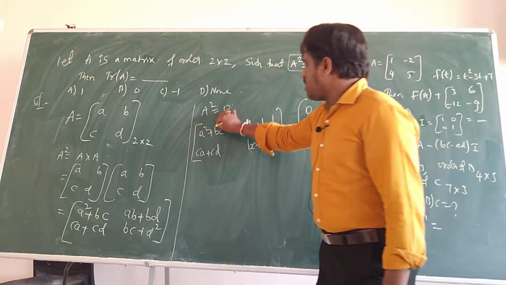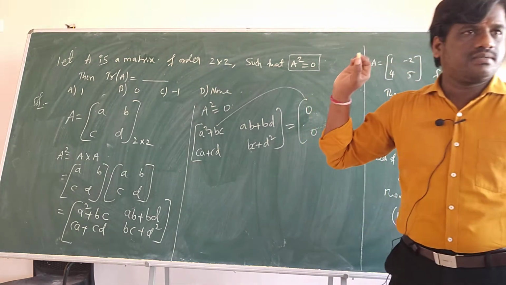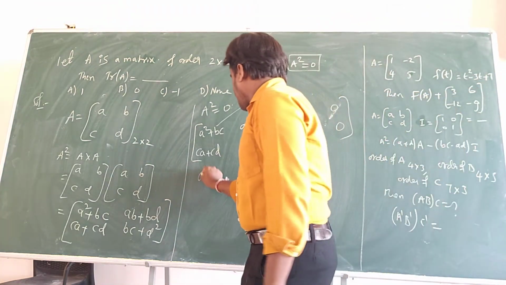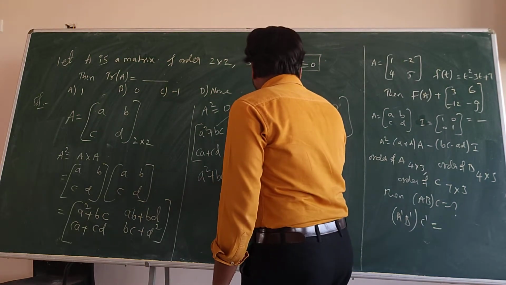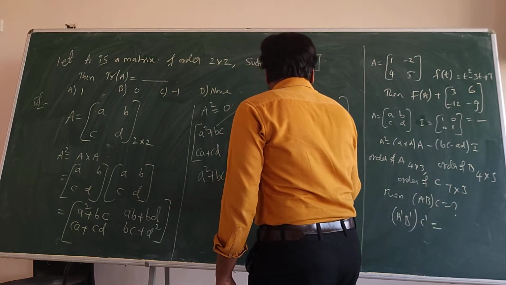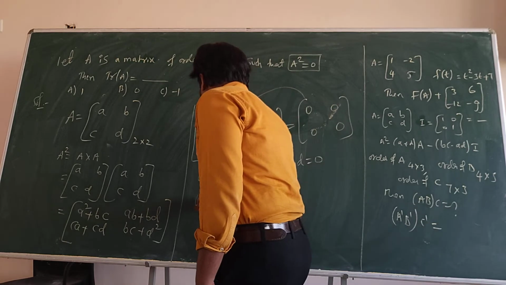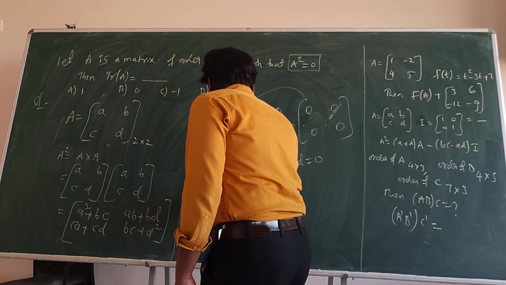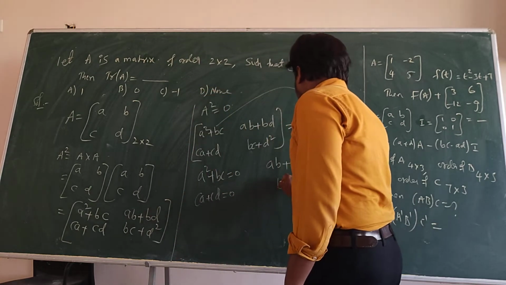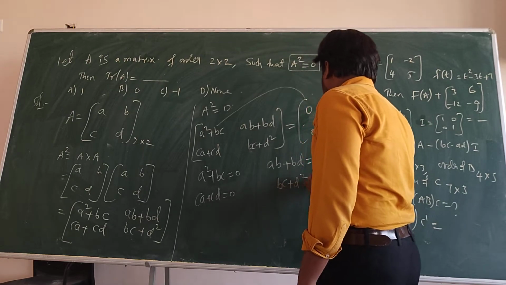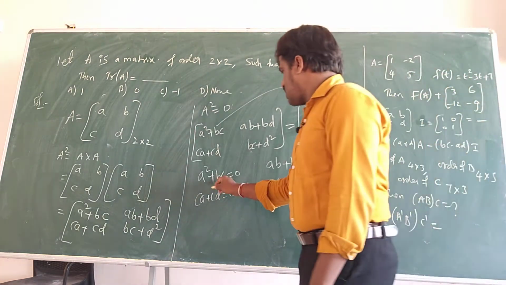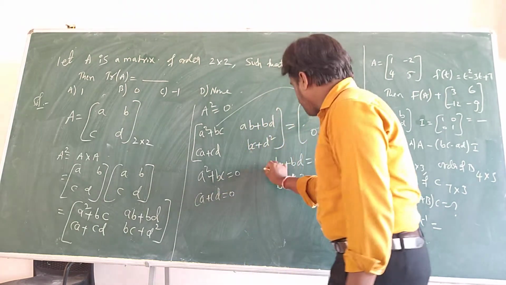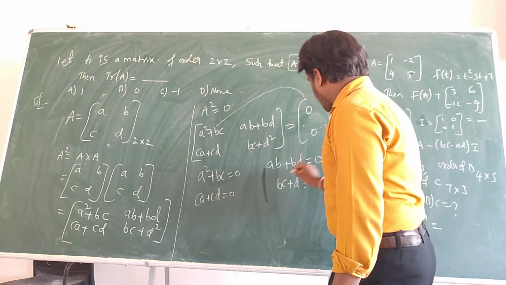So the corresponding elements will be equated. What do I get here? A square plus bc is equal to 0. AB plus BD is equal to 0. CA plus CD is equal to 0. BC plus D square is equal to 0. Now what do we do here? Is there any common term? No. Here we do one thing: I can take B common.